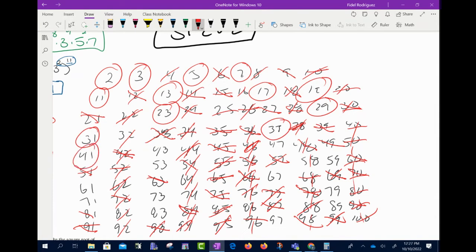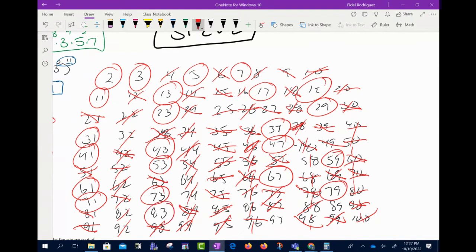And the next one is 41 and 43 and 47 and 53, 59, 61, 67, 71, 73, 79, 83, and 97. Okay, so what are those? Those are the prime numbers that I'm left with. The prime numbers between 2 and 100 are the ones that we've circled, okay?